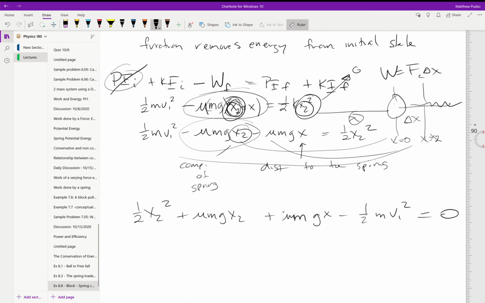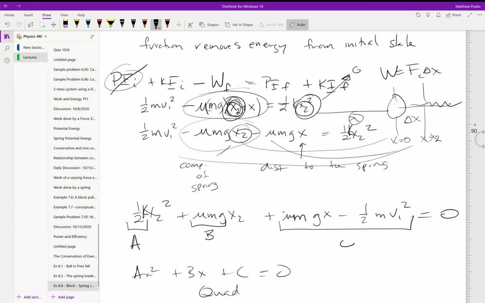All that equals 0. And this is your C. This right here would be your B, and this right here, oh, I'm missing the k, 1/2 k x2 squared, would be your A. So look, you have ax squared plus bx plus c equal to 0. Throw that into the quadratic equation and you get your answer.